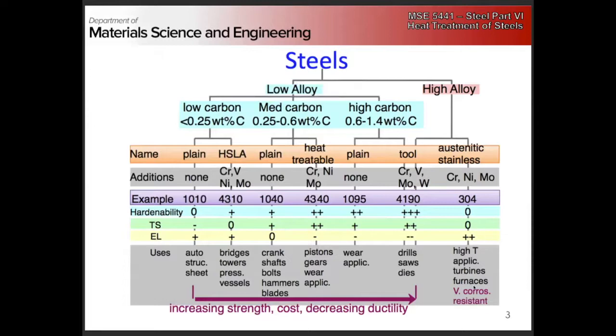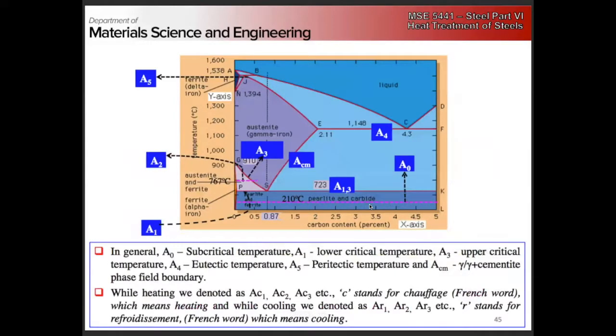Right? So nothing new here, just presented in a slightly different way. We'll be talking about the temperature points, right? So just a refresher of where they sort of are on the phase diagram, right?